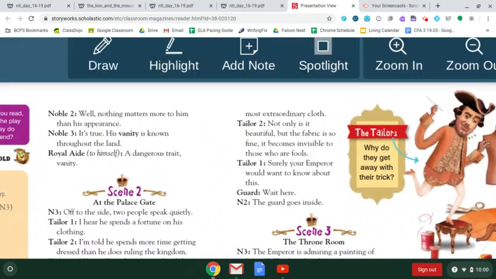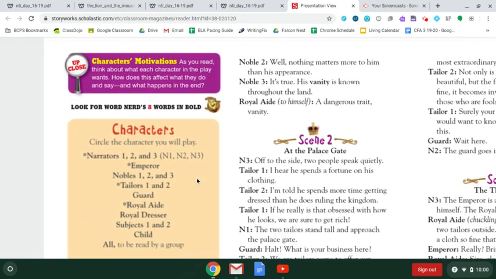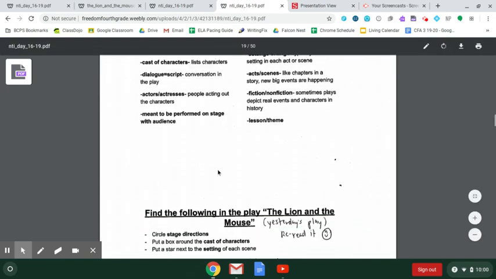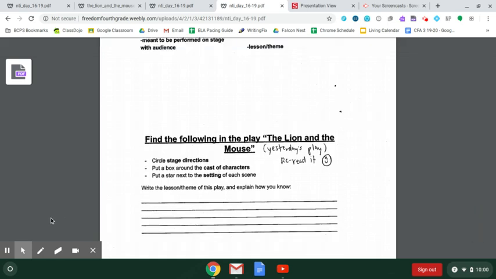So any of those that have parentheses, here's one, to himself. So that tells the actor they need to be saying that to themselves. Those are stage directions. So when you read the play, The Lion and the Mouse, it asks you to circle the stage directions. So that's something I'm going to need you to do is to go back and circle any of the stage directions that you find at all on The Lion and the Mouse.